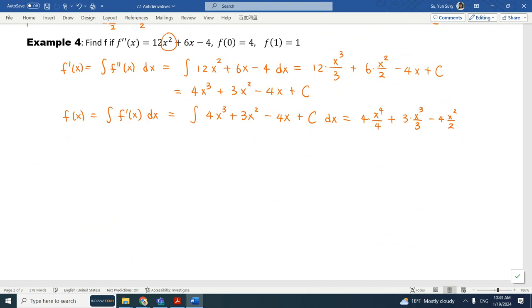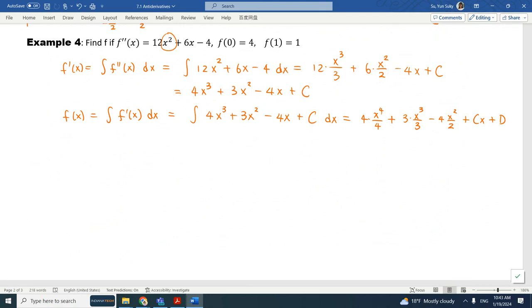Everybody get used to the pattern. We increase the power by 1 and then divide it by the new exponent. And how about the plus c? Gabby. Yes, cx. And then plus d. Very good. We have a new constant. We call it constant d.